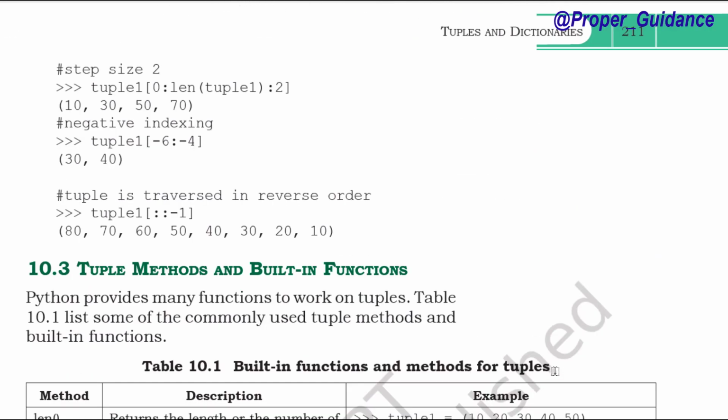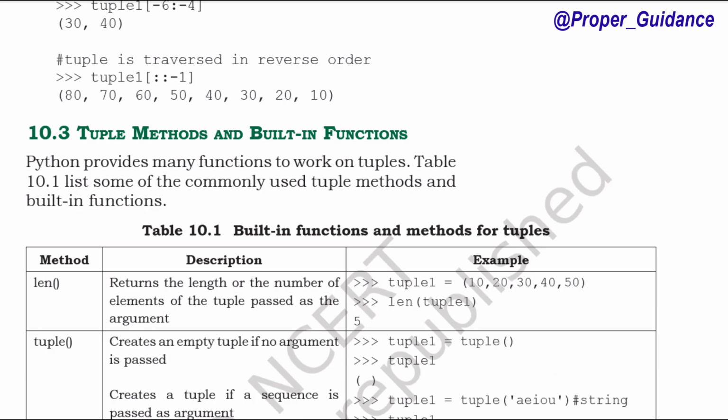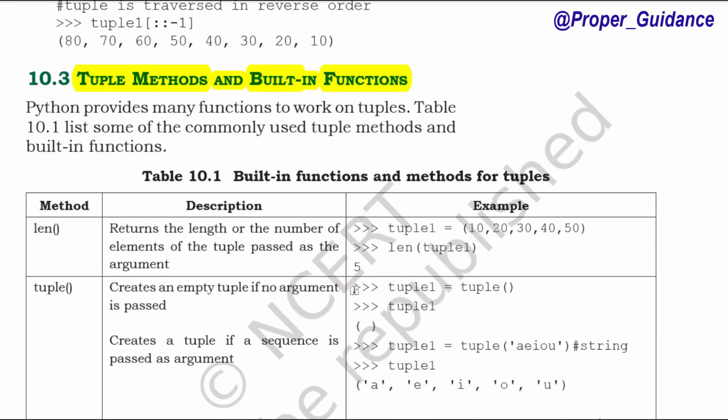And then next, tuple methods and built-in functions. This is very important. I have already told you for the previous chapters also, you have to go through this particular chart which is given here: built-in functions and methods for tuples.